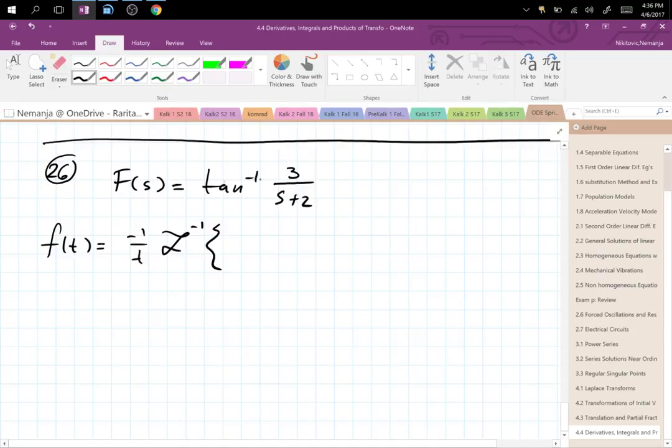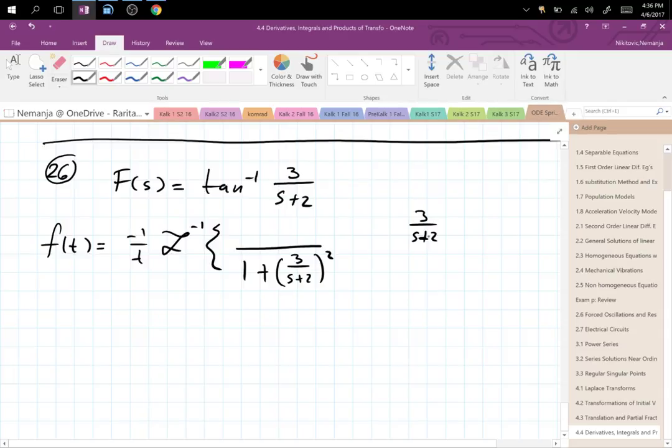Now to take the derivative in terms of s, it's going to be of this form: 1 over 1 plus 3 over s plus 2, everything squared, and then the derivative of 3 over s plus 2 goes on top.